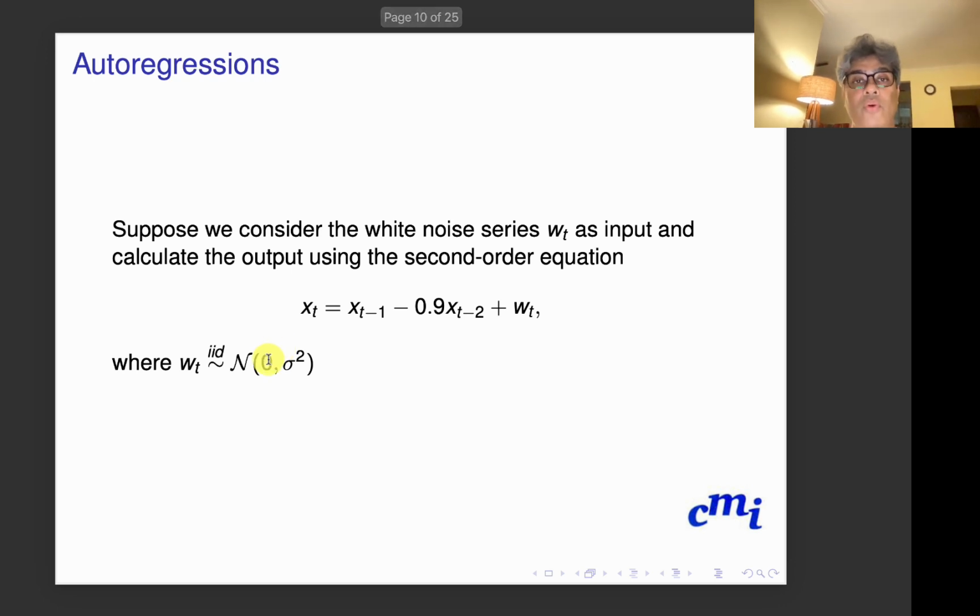If you know the value of x0 and x1, then you can simulate W2 and that will give you x2. Now you know x1 and x2, you simulate W3, that will give you x3. In this way, you can simulate the entire series if you know the value of x0 and x1.